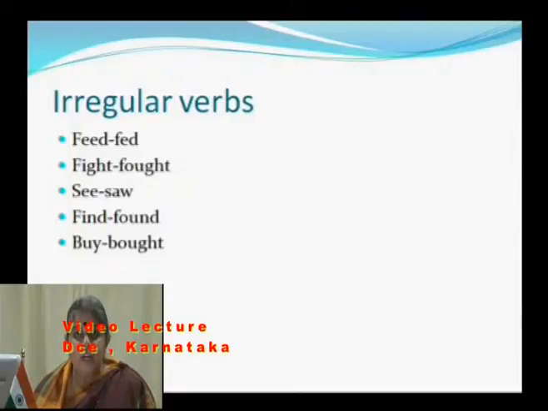Now these verbs do not take an ed form. Even in the present tense of the irregular verb, if you have to make it into past tense, it is not feeded, it is fed. It is not foughted, it is fought. It is not seed, it is saw. It is not finded, it is found. It is not buyed, it is bought.